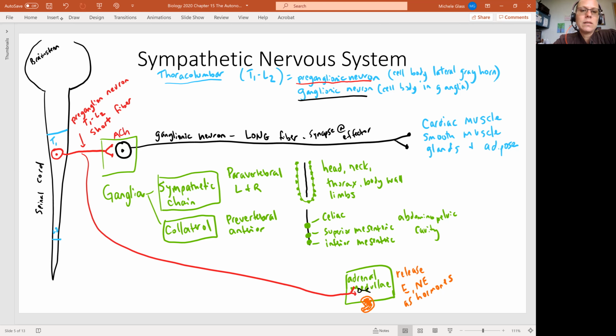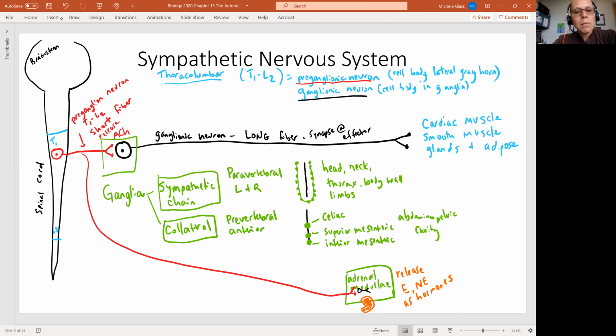So what this is telling us is it's that preganglionic neuron that releases acetylcholine. And it's the ganglionic neuron that has a receptor for acetylcholine. Okay, so that's always where that's happening. If you wanted to, you could add that in our notes up here. So we could just say release acetylcholine.